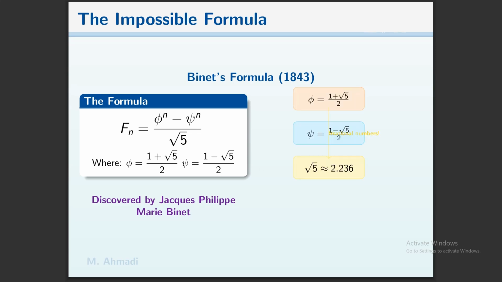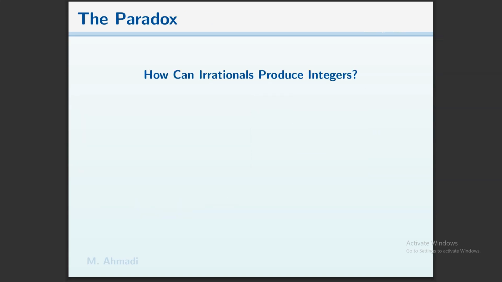So we know phi and psi, and also the square root of 5 approximately equals 2.23.